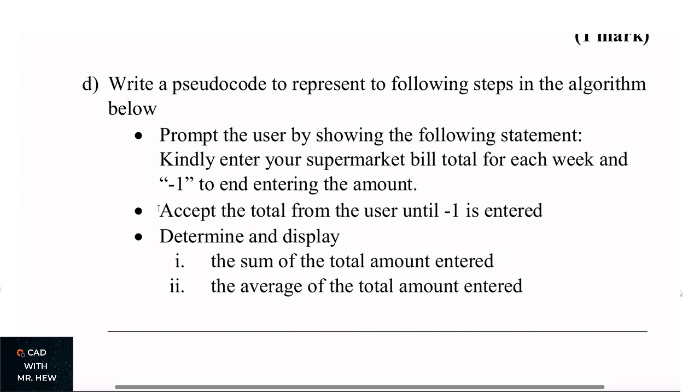The second step, accept the total from the user until -1 is entered. The third step, determine and display 1, the sum of the total amount entered, 2, the average of the total amount entered. This question is worth 10 marks.